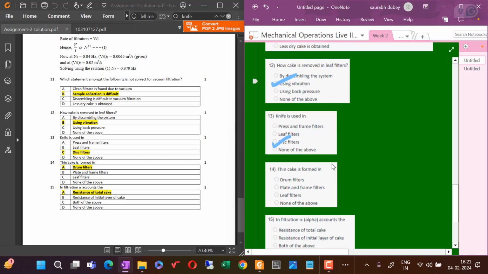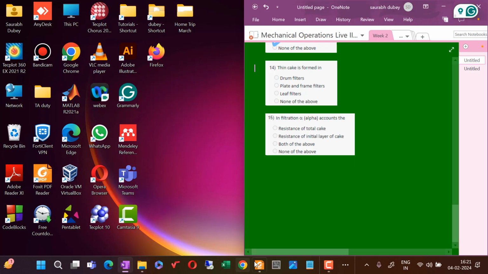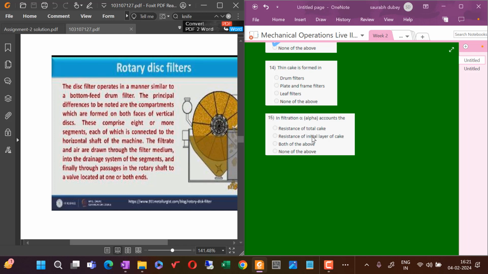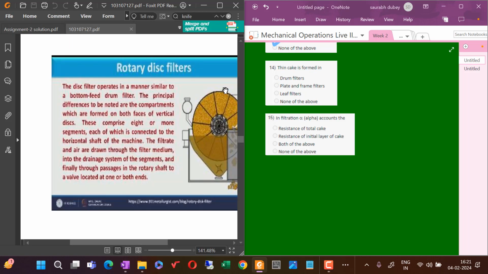Question number 14 asks in which filter thin cake is formed: drum filter, plate and frame filter, or leaf filter. Everywhere there will be cake formation, but in which one will there be thin cake formation? In the drum filter, basically, the thin cake forms.